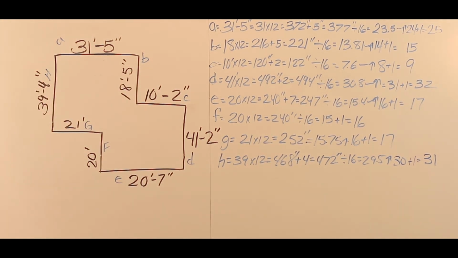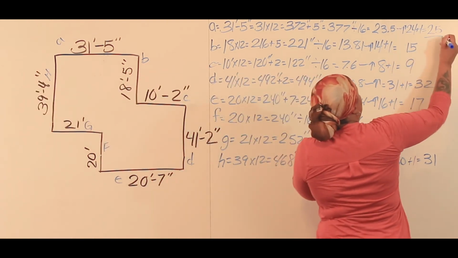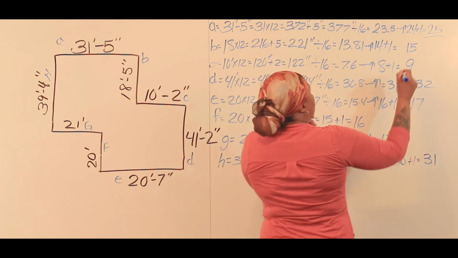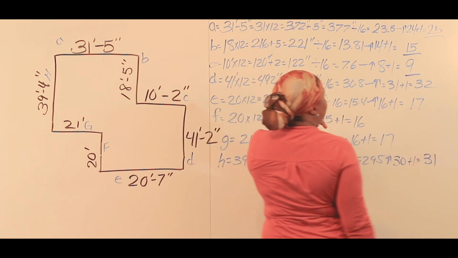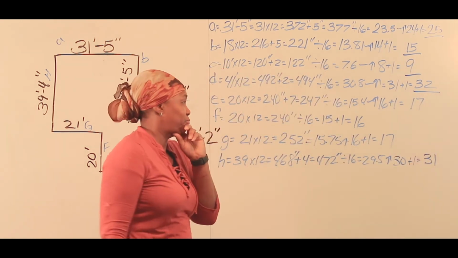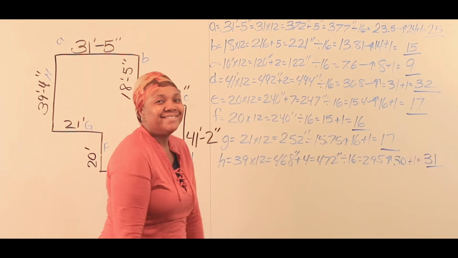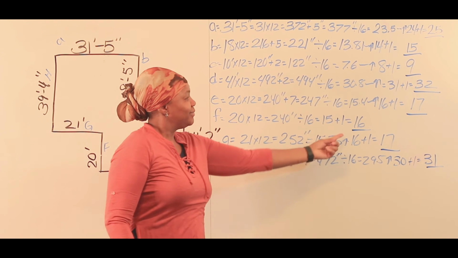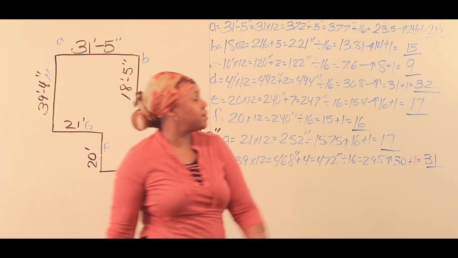So now we just add all of those up. We add the studs that we calculated for each wall. So we got 25, plus 15, plus 9, plus 32, plus 17, plus 16, plus 17, plus 31.